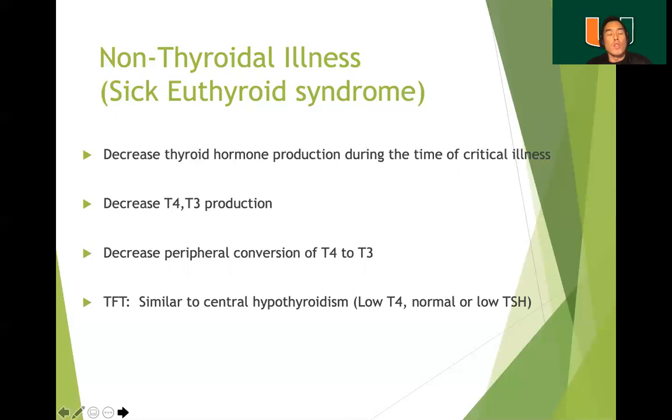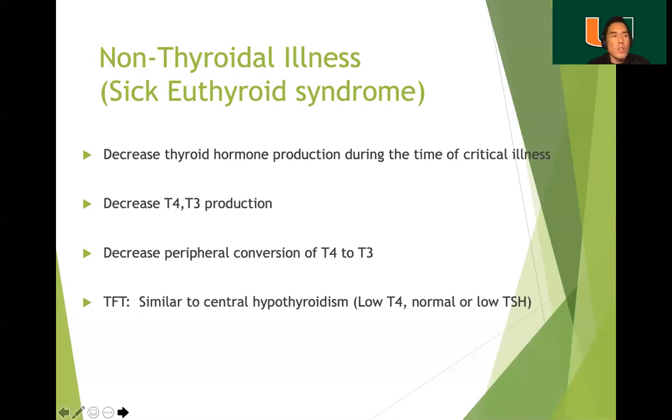When you do a thyroid function test, it's very similar to central hypothyroidism. You see a low T4 and normal to low TSH. So it's very difficult to distinguish between the two conditions. What is the way to differentiate?